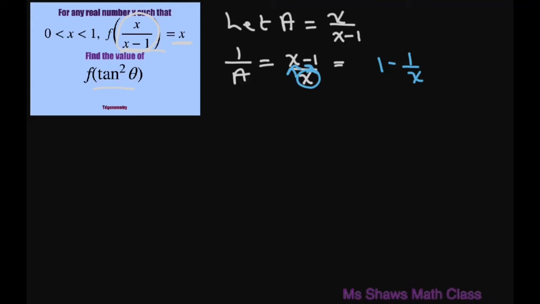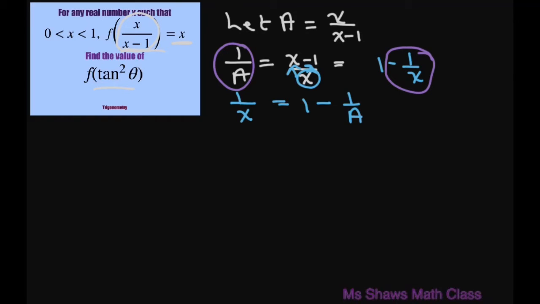So now we have 1 divided by x equals 1 minus 1 divided by a. Basically, I just added this to both sides and subtracted this from both sides.